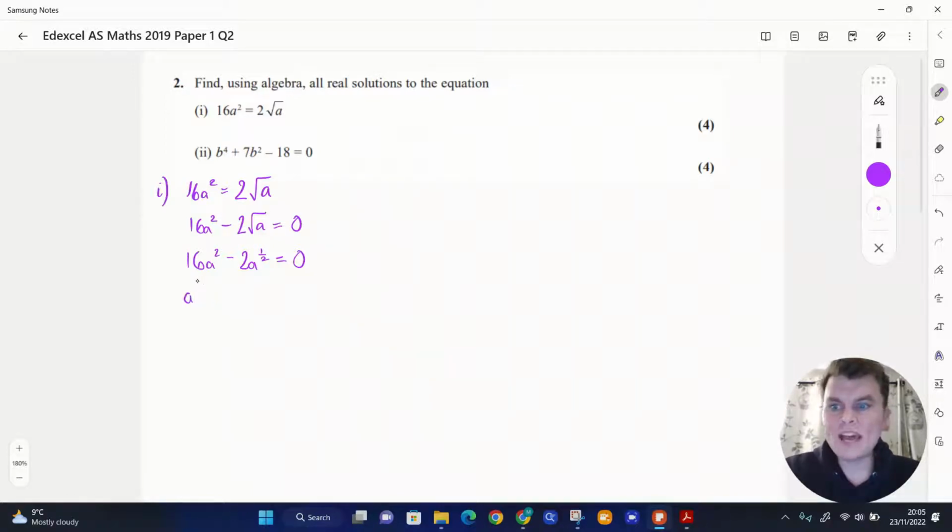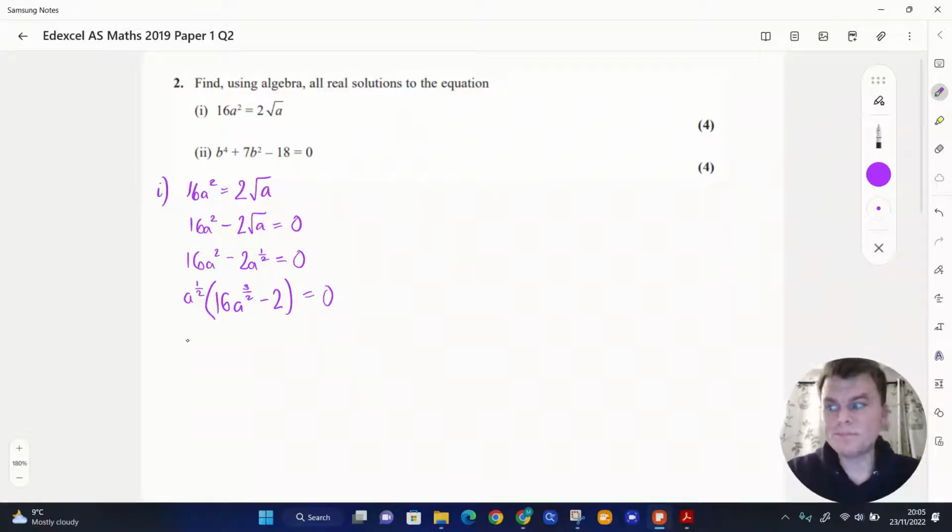So I'm going to bring an a to the half out, because that would give me 16a to the 3 over 2 minus 2 equaling 0. So that will give me two solutions.